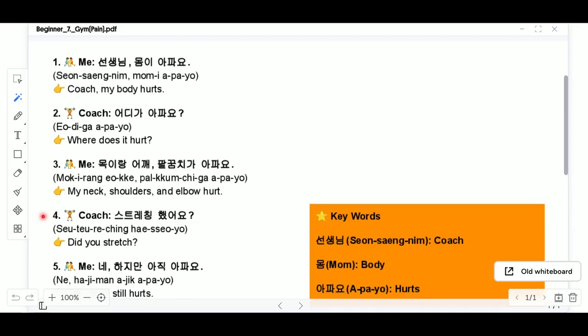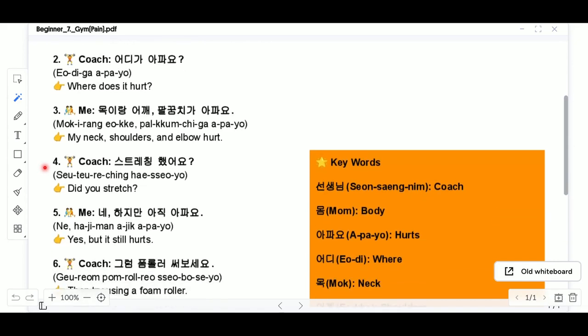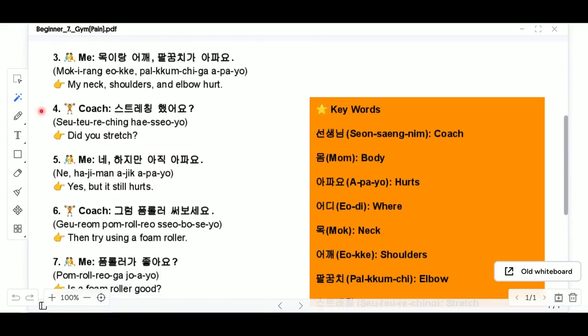Let's read one more time, but I'll read first and then you can read after me, the whole parts from number one. 선생님, 몸이 아파요. 어디가 아파요? 목이랑 어깨, 팔꿈치가 아파요. Great. 목이랑 어깨, 팔꿈치가 아파요. 스트레칭 했어요? Or stretching 했어요? Also fine.